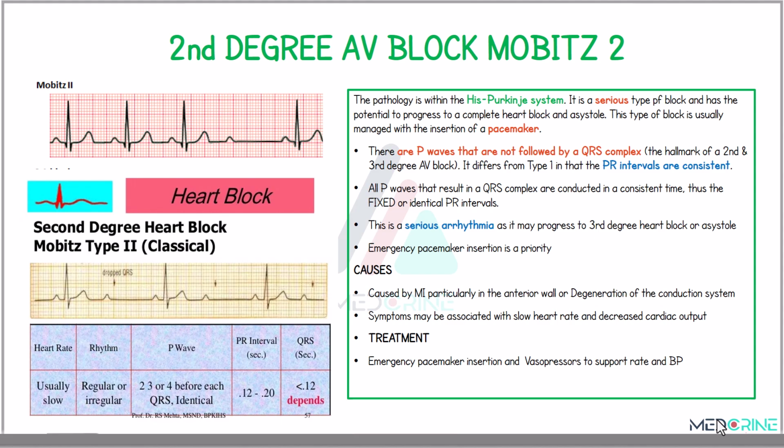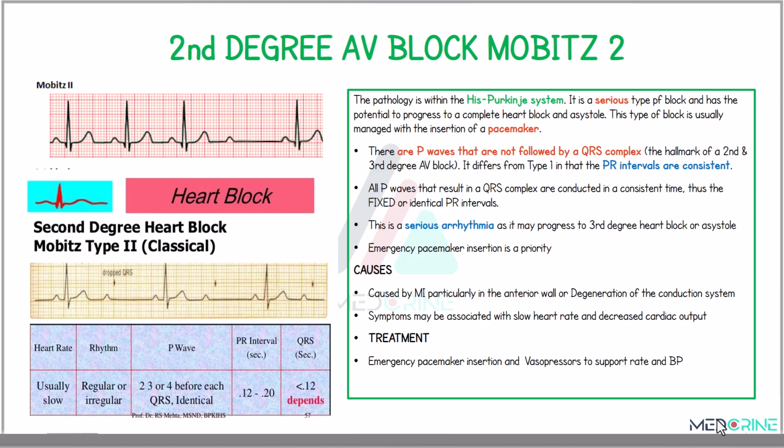This one is a serious arrhythmia which may progress to a complete heart block or asystole, like we've said, and we always need an emergency pacemaker to manage this type of patients. It is usually caused by a myocardial infarction, particularly of the anterior wall, or a degeneration in the conduction system of the heart.